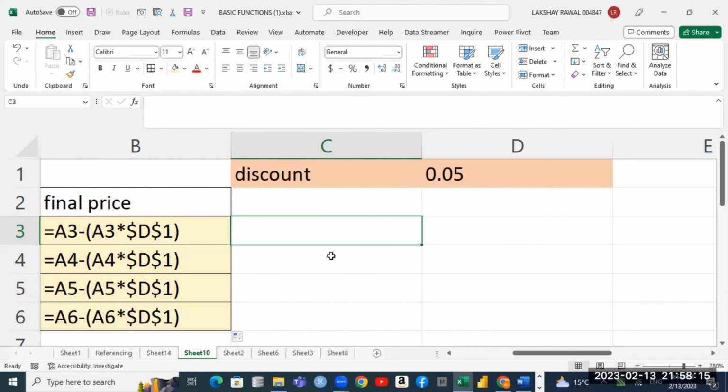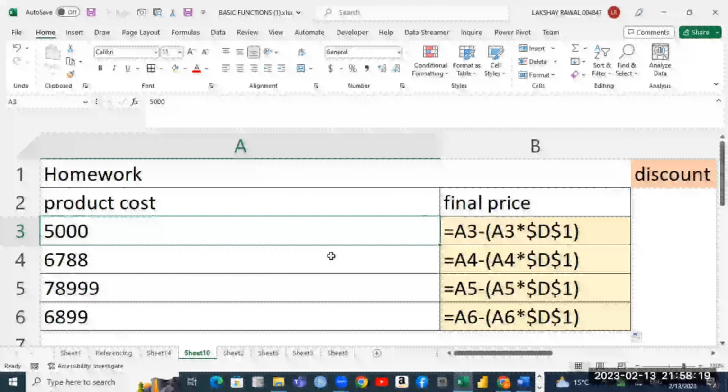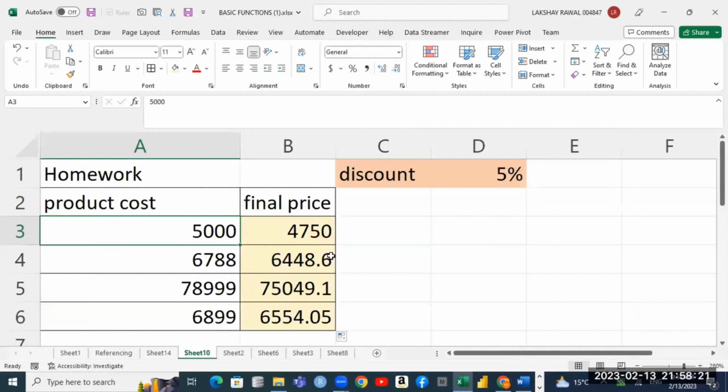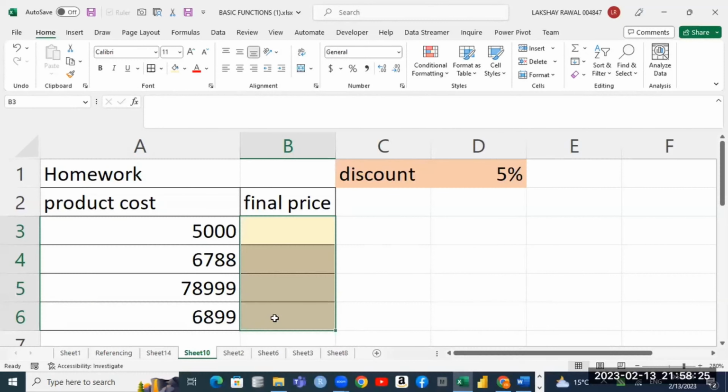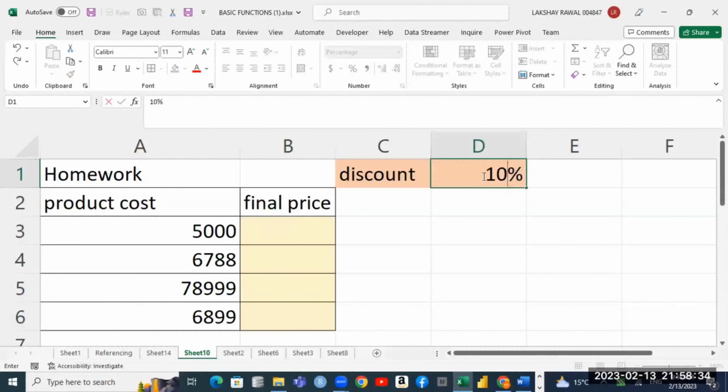Ma'am, I have not understood. What have you not understood, beta? Suppose you have purchased one party dress. It is 5,000 rupees, and they are giving a discount of 10%.